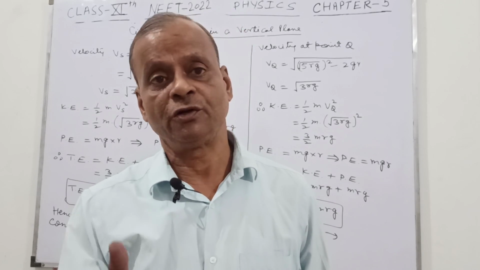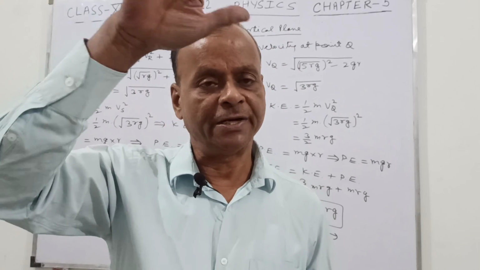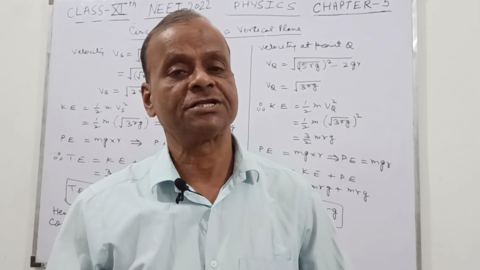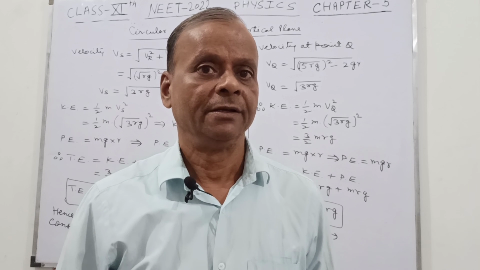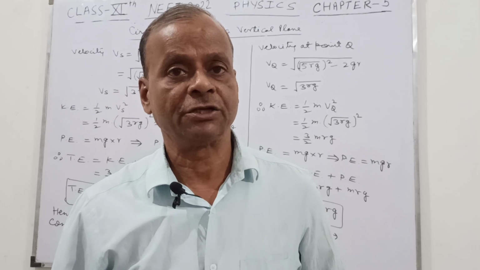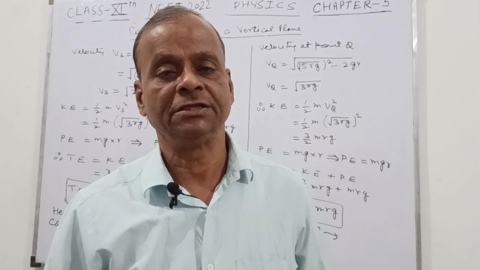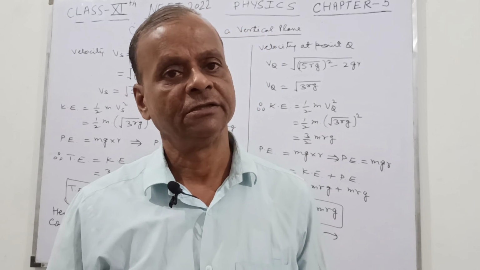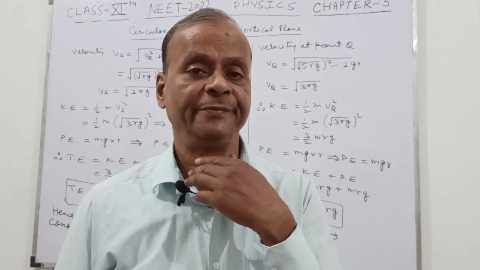When the particle goes from the lower point to the higher point, the velocity decreases, so the kinetic energy decreases, but potential energy increases. The sum of these two energies is a constant. So it means that when the particle goes in vertical circular motion, the sum of the kinetic energy and the potential energy remains constant, though they change at every point.